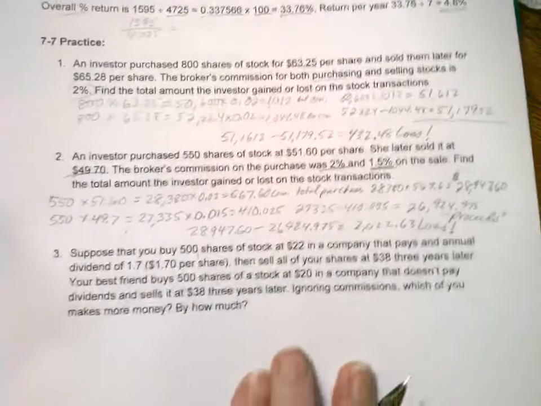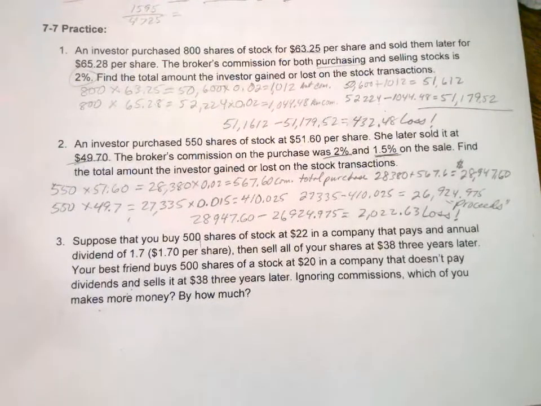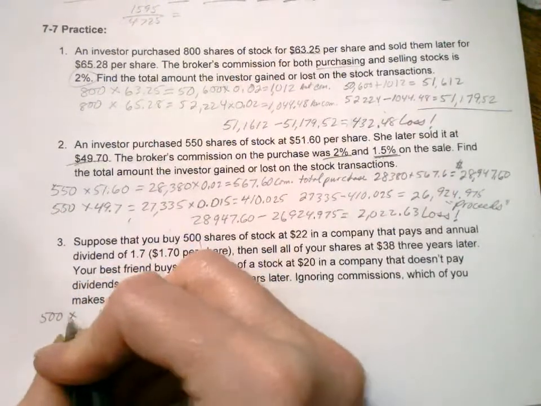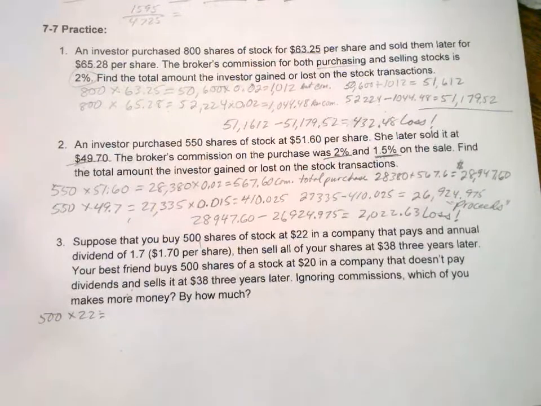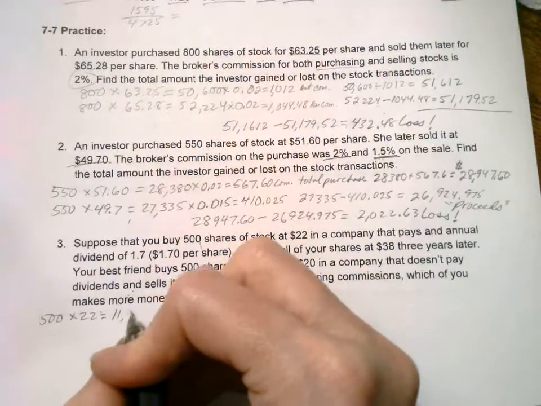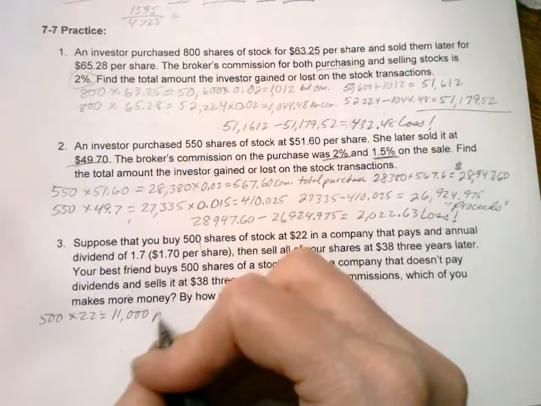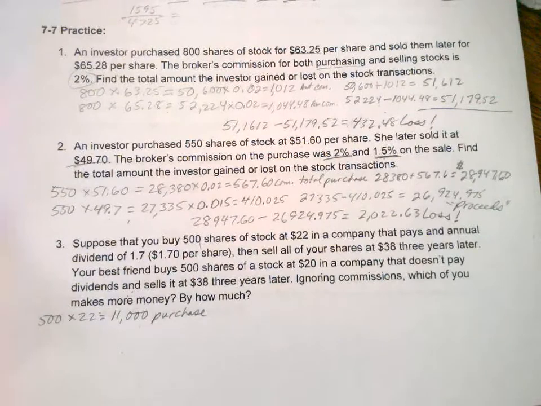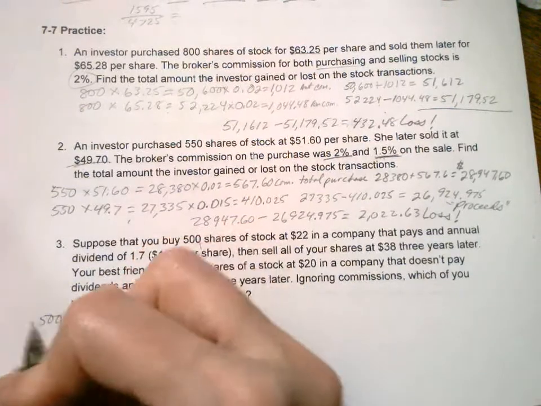And then the last one. Suppose you buy 500 shares at $22. It pays an annual dividend of $1.70 per share, and then you sell all your shares for $38 3 years later.